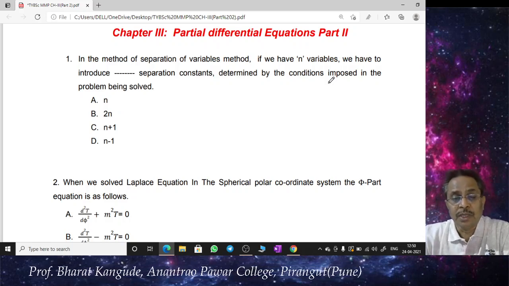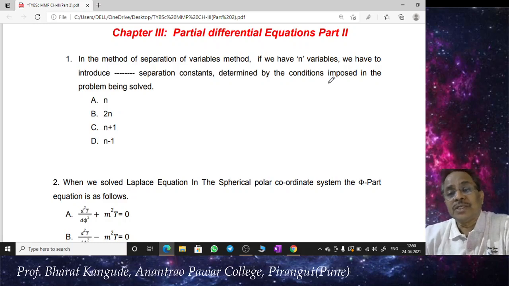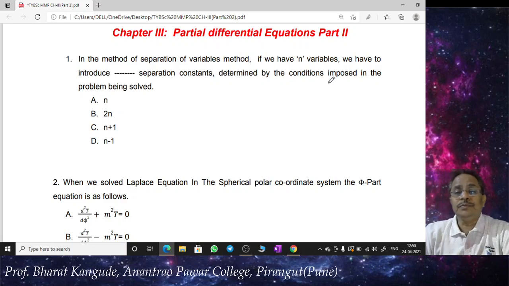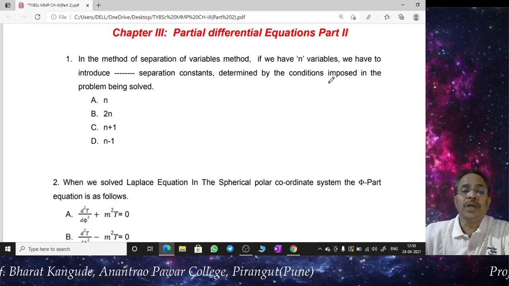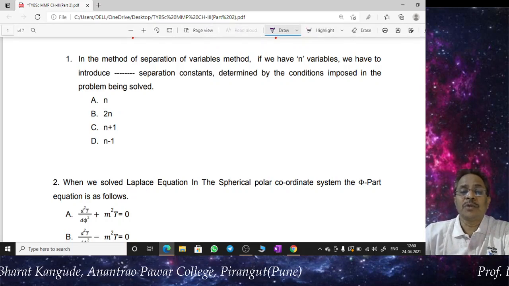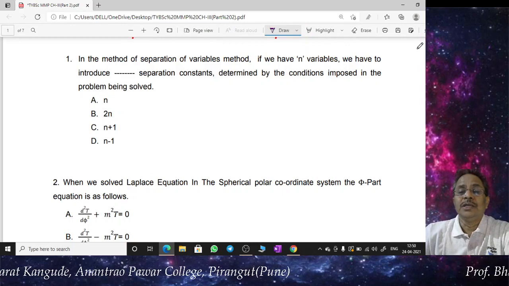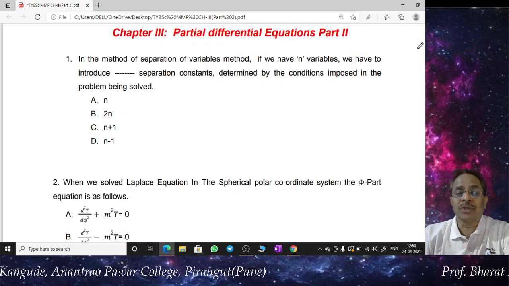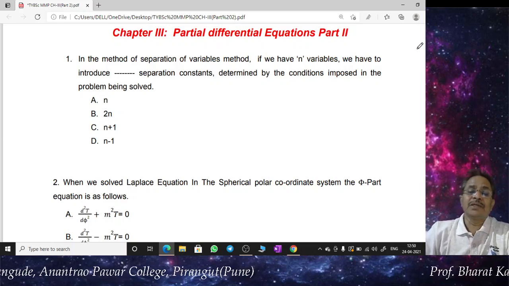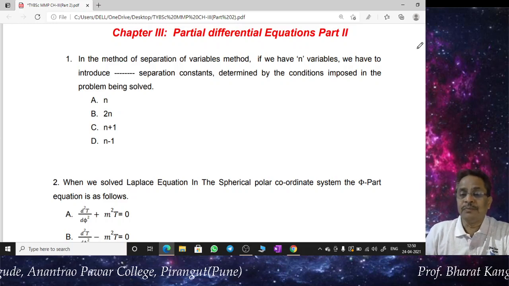Question 1 here, the method of separation of variables. If we have n variables, we have to introduce dash number of separation constants determined by the conditions imposed in the problem being solved. Now this is a very common example we have seen.